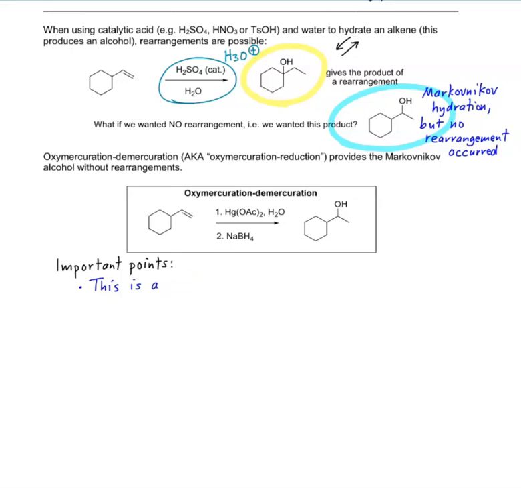We can say it's a Markovnikov hydration. So a Markovnikov hydration adds the elements of water across an alkene, producing an alcohol.